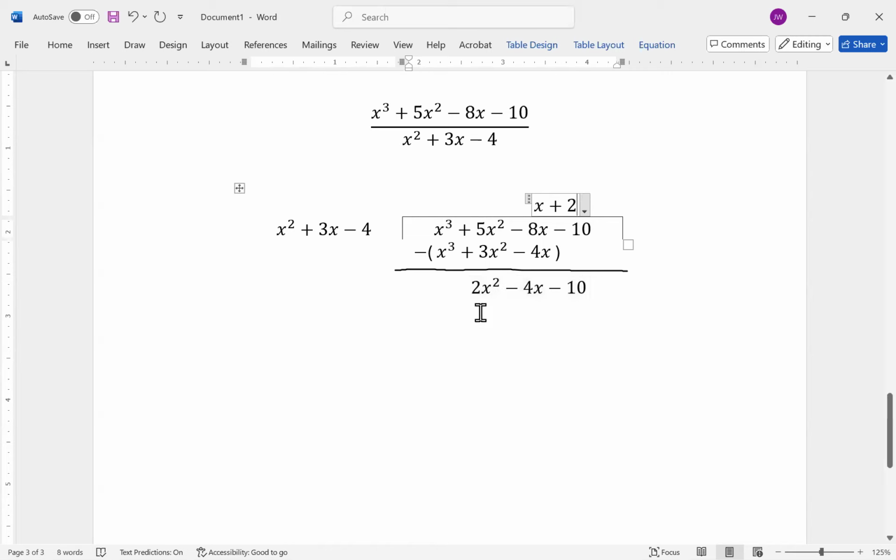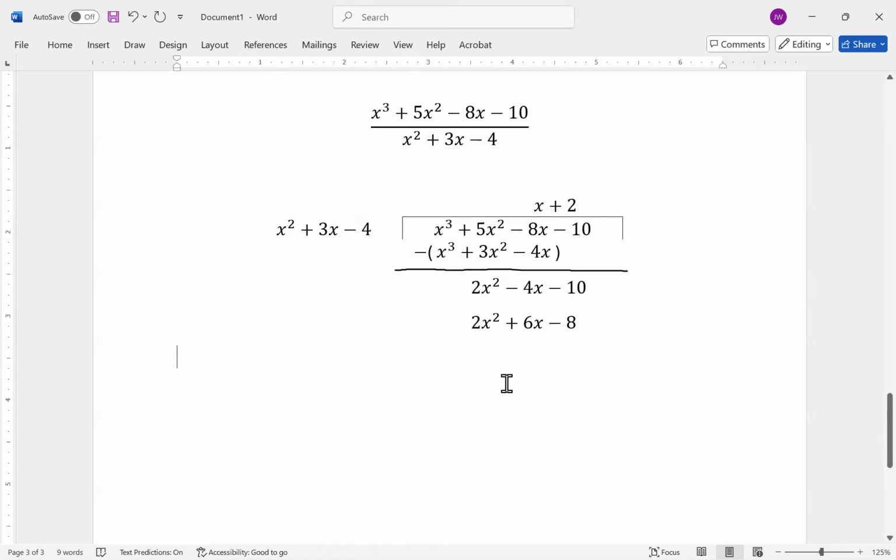So I write down plus 2, and then I multiply that positive 2 by x squared, 3x, and minus 4. When I do that, I end up with 2x squared plus 6x minus 8.